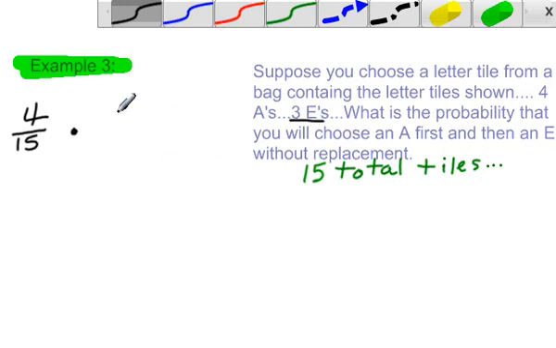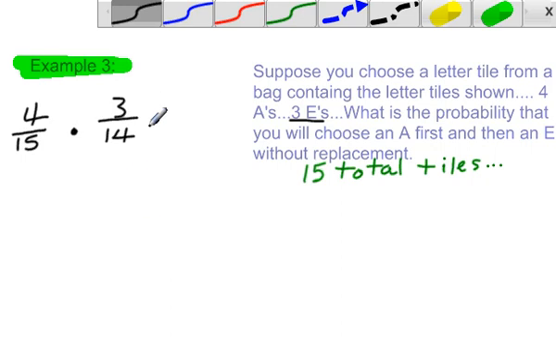There's only 3 E's in there still, but since we didn't put the tile back from the first run, there will be only 14 tiles left in the bag after we select the second tile, because we did not replace. Okay, we took it out and kept it out. We didn't put it back in. So 4 out of 15 A's, which will leave us 3 out of 14 with the E's.